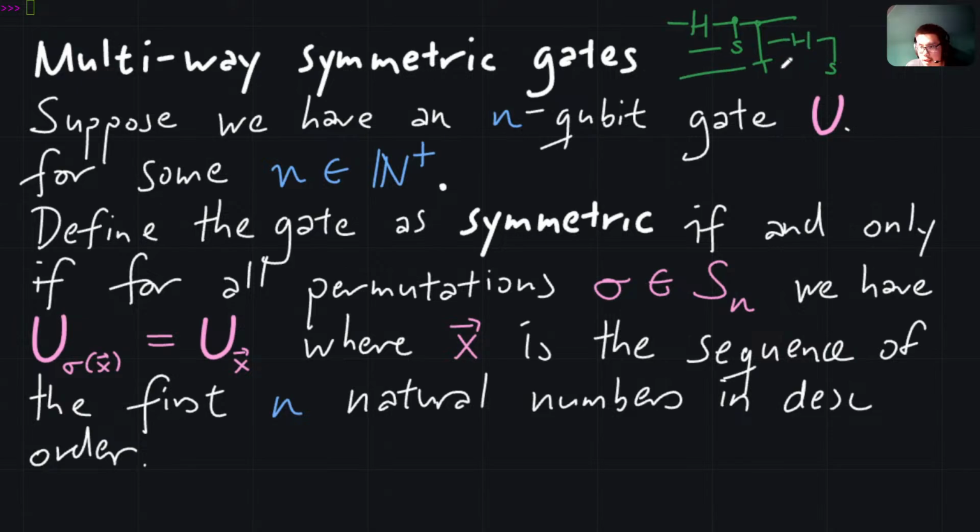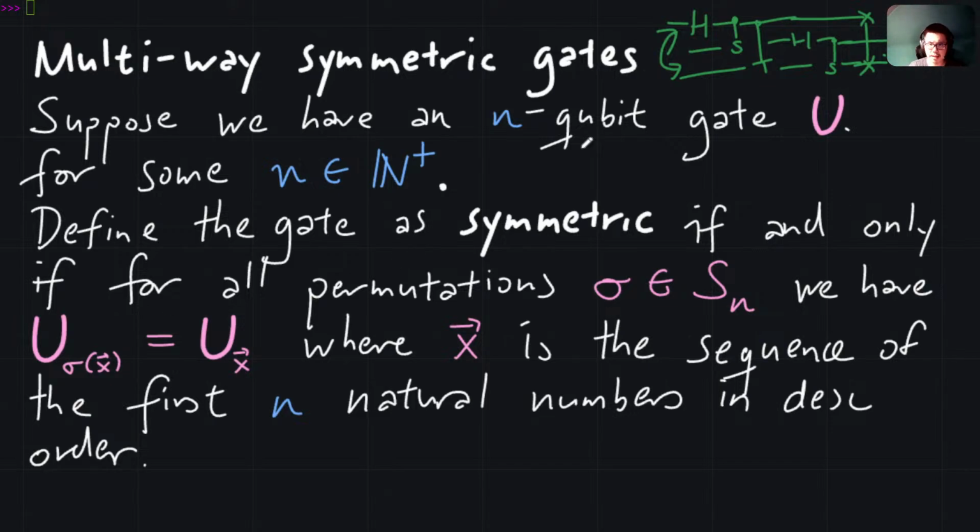H, then S, and then a swap, which will be reminiscent of the next live stream. So what happens if you swap them together? This is where multi-way symmetric gates come into play.